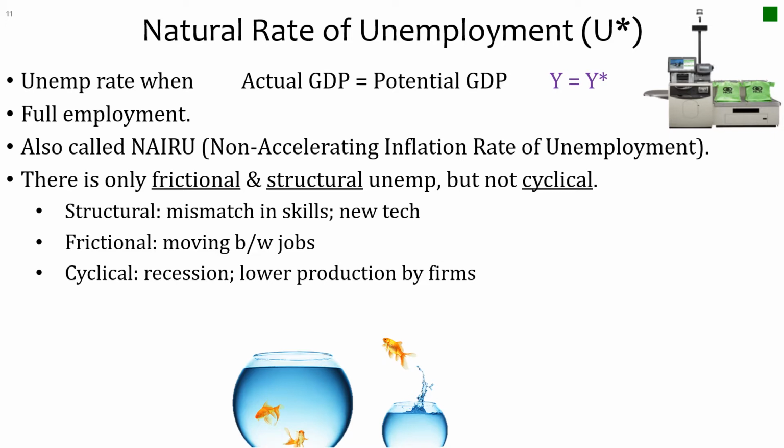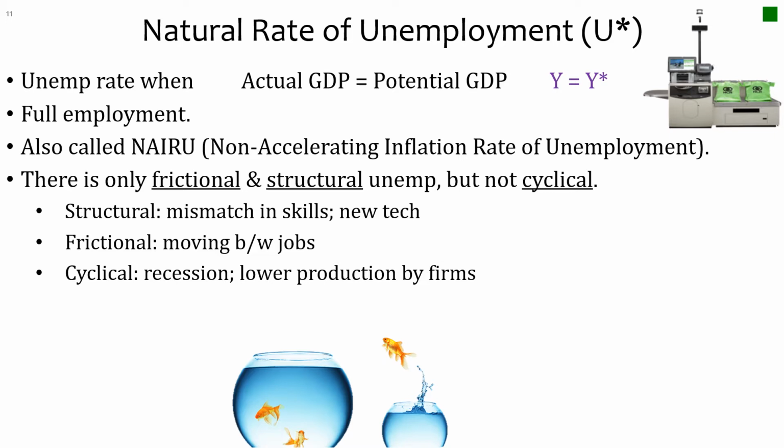And there is cyclical, which is because of recession, because of lower production by firms, right? There is also seasonal unemployment because it's off season. Some people don't have a job during winter, some during summer, but that's already accounted for in the unemployment calculations. The data are recorded quarterly, so it does adjust for seasonal variation. So you're not really concerned with that.